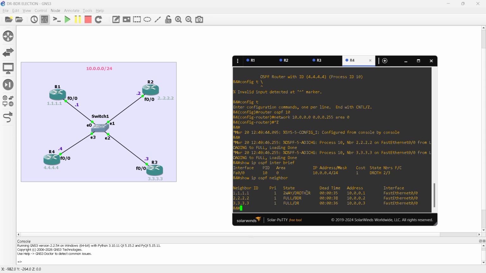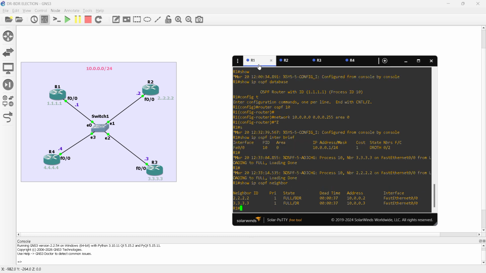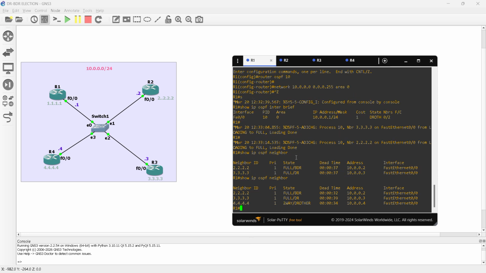If we go and check R1 also, it will give us the same thing. As you can see here, with regards to R4, it is in the state of two-way, not full, and the state is DR other.